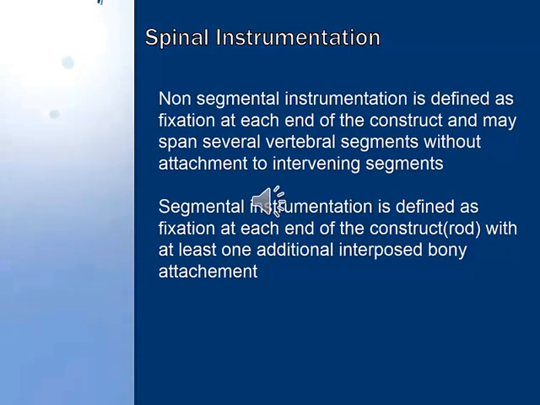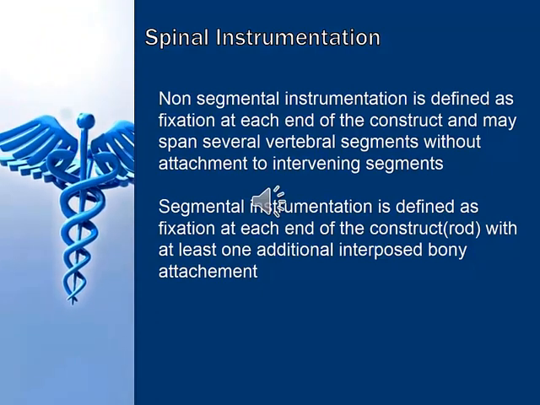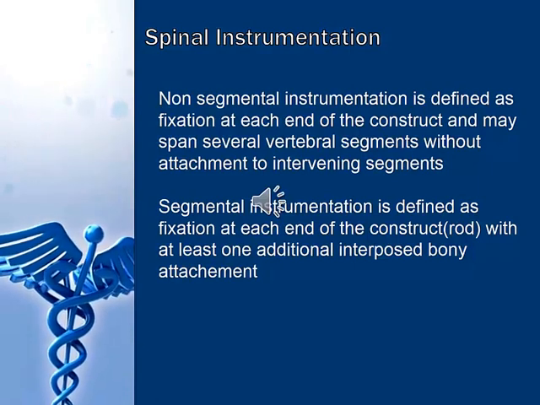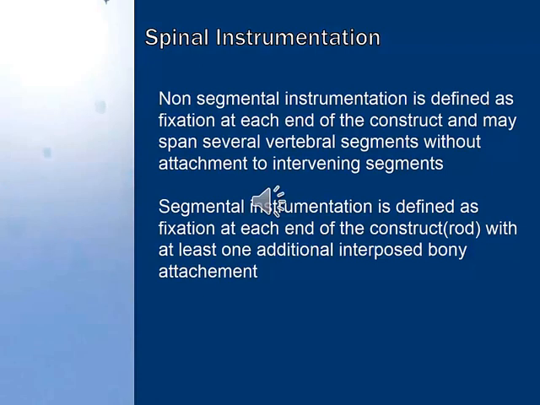Segmental instrumentation is defined as fixation of each end of construct, which is known as a rod, with at least one additional interposed bony attachment. You can look at code 22842 to 22844 in your CPT book in the AMA Professional Edition to see a picture of what that looks like as well.